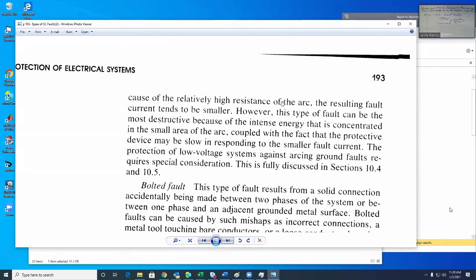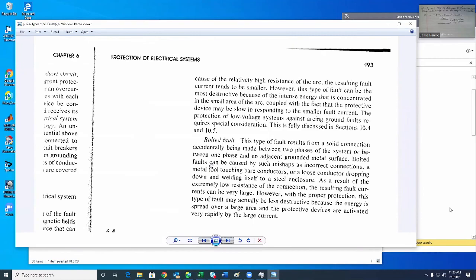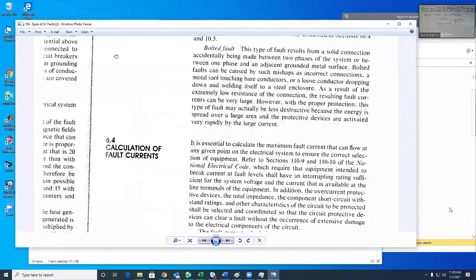However, this type of fault can be more destructive because of the intense energy concentrated in the small area of the arc, coupled with the fact that the protective device may be slow in responding to the smaller current. So we have two types of faults in this book.